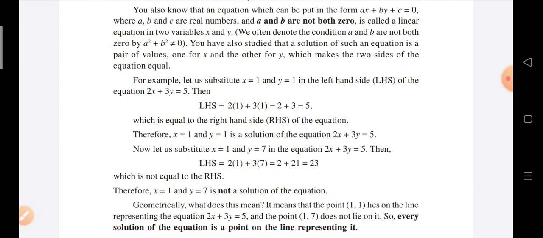When we draw a line graph for the linear equation 2x plus 3y equal to 5, on that line we are able to get the point 1 comma 1. It means the point 1 comma 1 lies on the line representing the equation 2x plus 3y equal to 5, and the point 1 comma 7 does not lie on it.